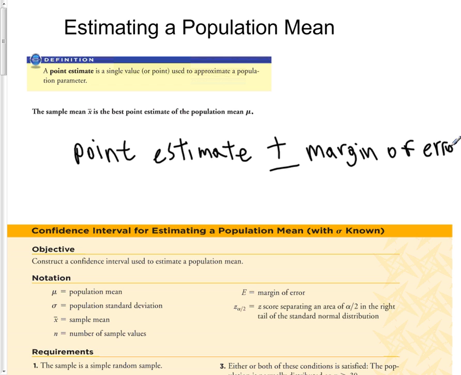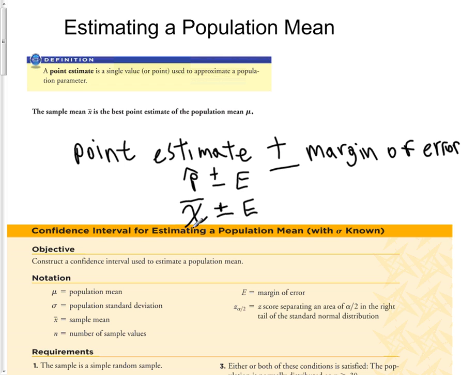In the last section, the point estimate was p hat, and we added and subtracted a margin of error that we had a formula for in the last section. In this section, we are going to use the point estimate x bar, and we're going to get a different formula for E. So the plus or minus E here is a different margin of error.